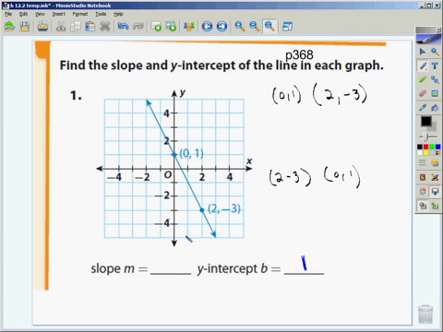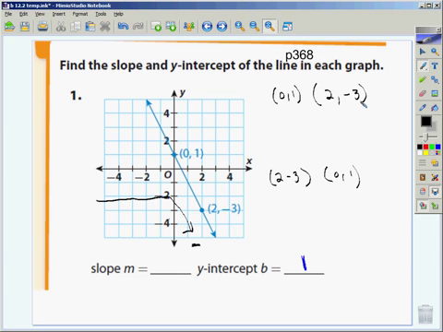Marcus? Very good. It's going downhill. The slope is going to be negative. And it's a good idea to look at that, because if there's one mistake that's made, people drop signs all the time, and you should look to see, hey, does this answer make sense or not?